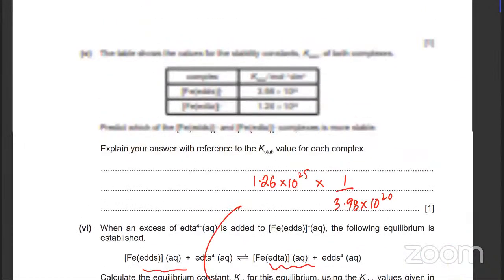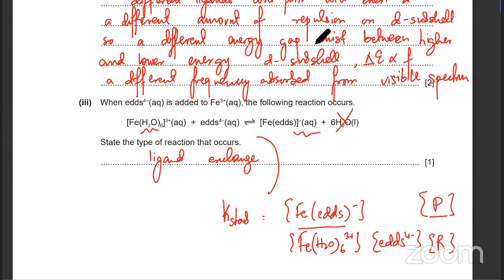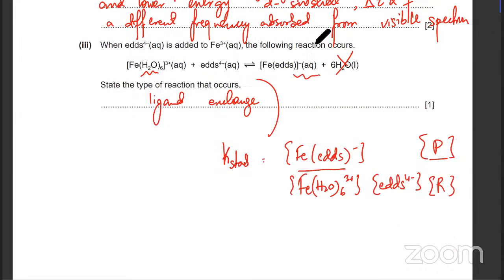Sorry. Okay, I'll start with this one. You do know what K stability is, right? When you have an aqueous complex, you add a certain ligand and a ligand exchange happens, right? So its K stability is basically the Kc for that. When you write the K stability of Fe EDDS, it's basically you had aqueous ions surrounded by water, and this ligand came, and so it's product concentration divided by reactant concentration.